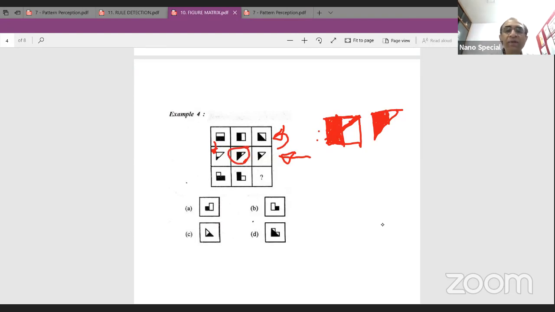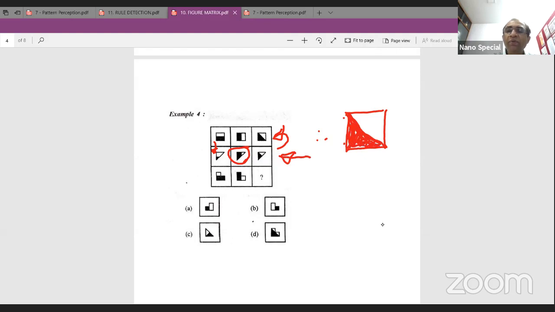Now let us look at the third figure in the first row. How is it? The third figure in the first row is like this. Okay, so this is shaded.